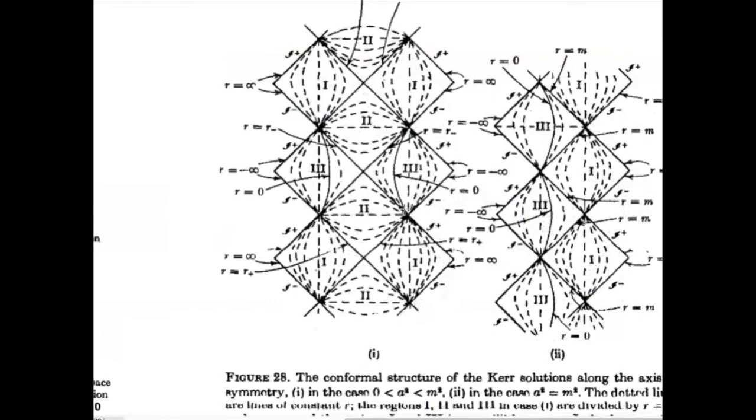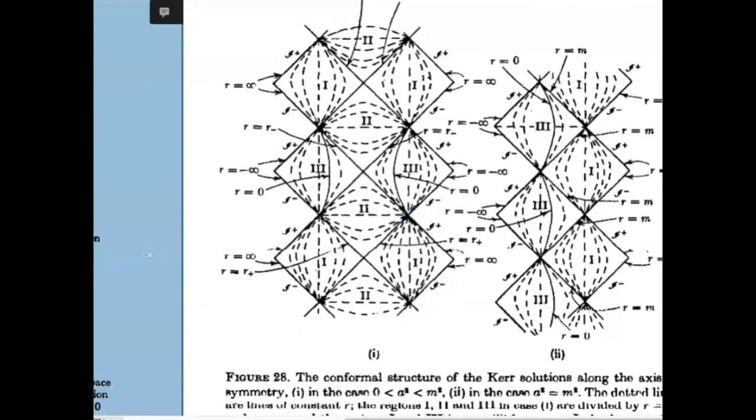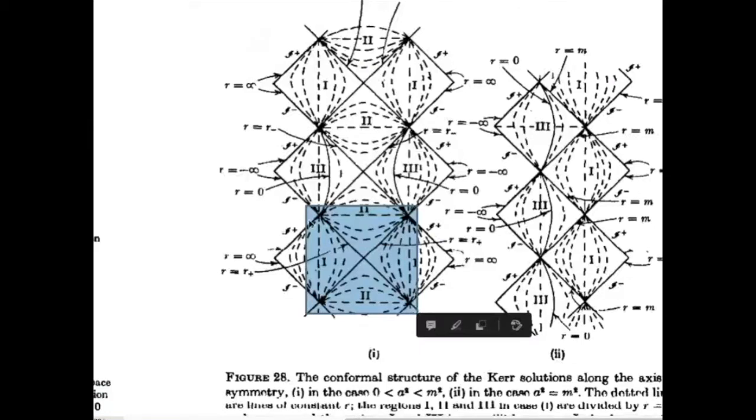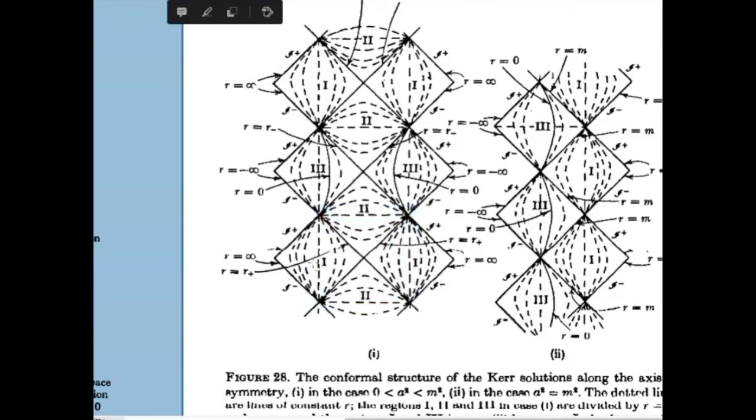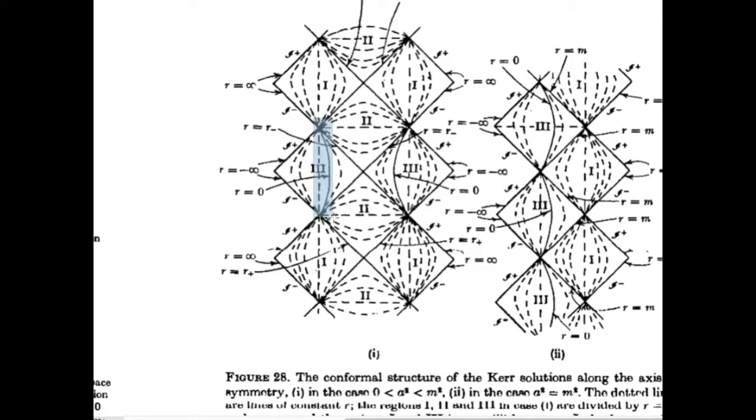This is the asymptotic flat space portion of the diagram. These are the event horizons, the diagonal lines here. Here you have this kind of parallel universe. Here you have interior horizons. This is interesting because here you see this line is r equals 0. This is where the singularity is.